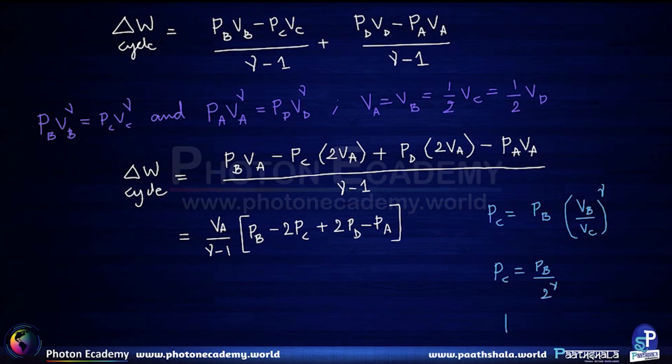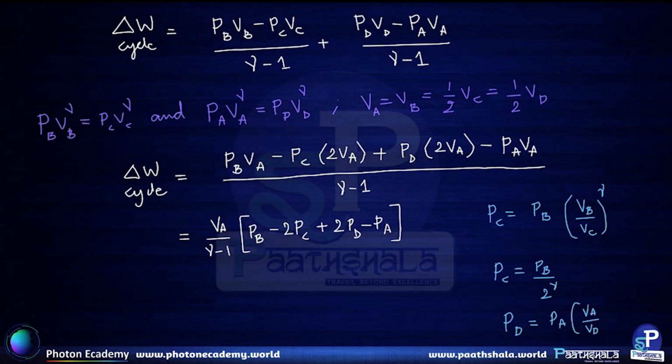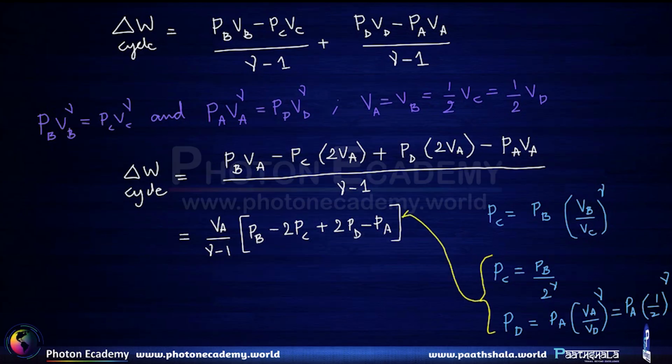Similarly, we get Pd is equal to Pa into Va by Vd power gamma, which is equal to Pa into 1 by 2 power gamma. Let's substitute the values of Pc and Pd into this.